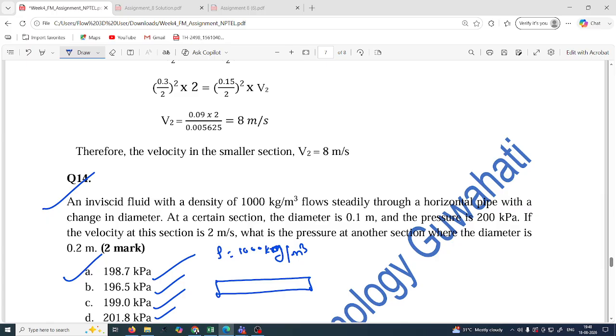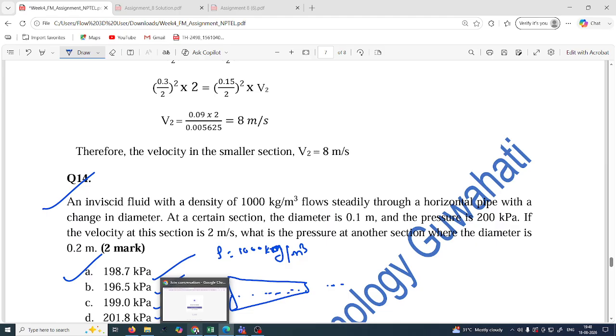Okay, nice, with a change in diameter. So the pipe is not like that, the pipe is a bit tapered, change in diameter. This is horizontal. Remember please.